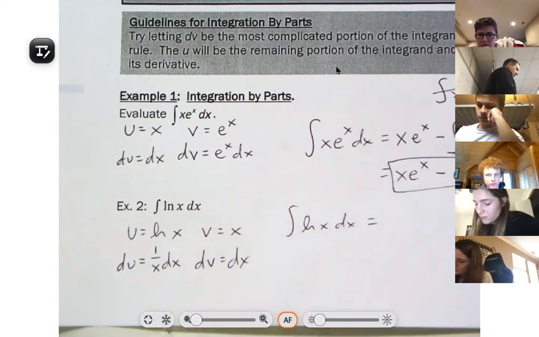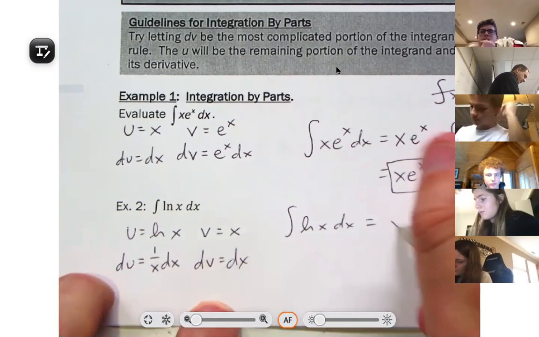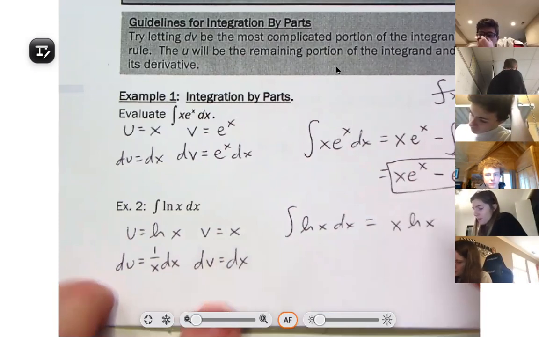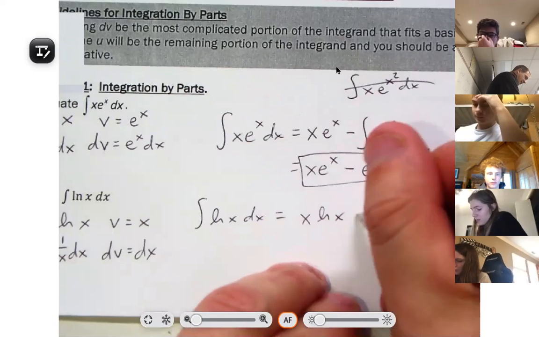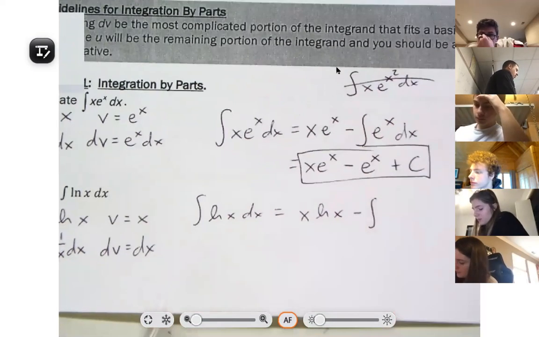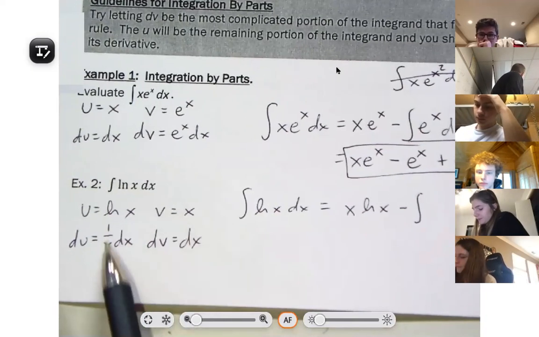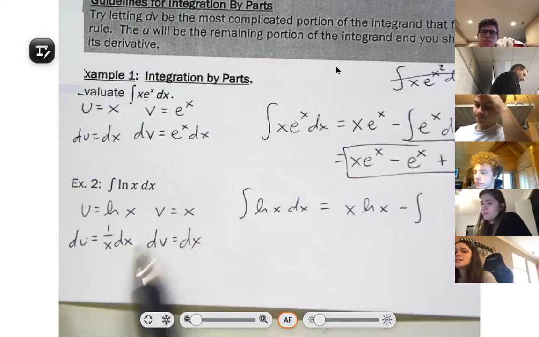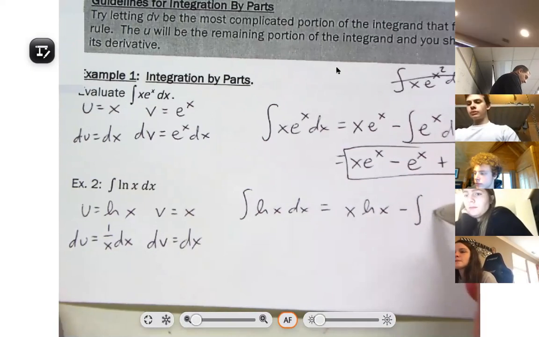So it's ultraviolet voodoo. So natural log of x times x. I would put the x in front. There's your ultraviolet. Minus the integral of v du. So now v du is going to be x times 1 over x dx, which is really just dx.